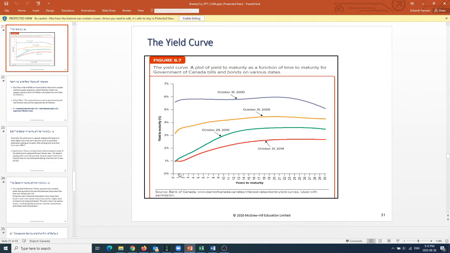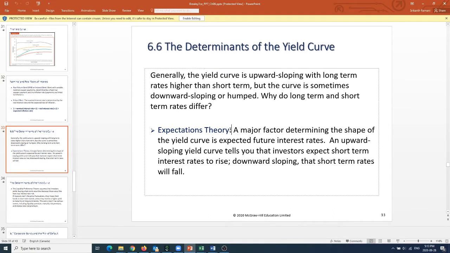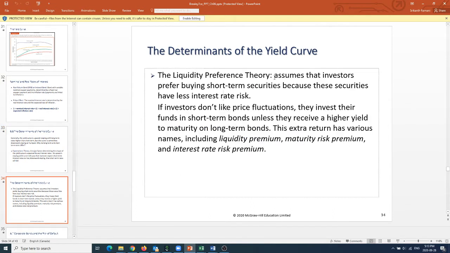Okay, so the short-term 1 year interest rate was around 1%, and the 10-year interest rate was around 3%. Okay, and the 20-year as well was around 3.2%. This tells you that expectations theory is one of the theories. The other major theory being liquidity preference theory.